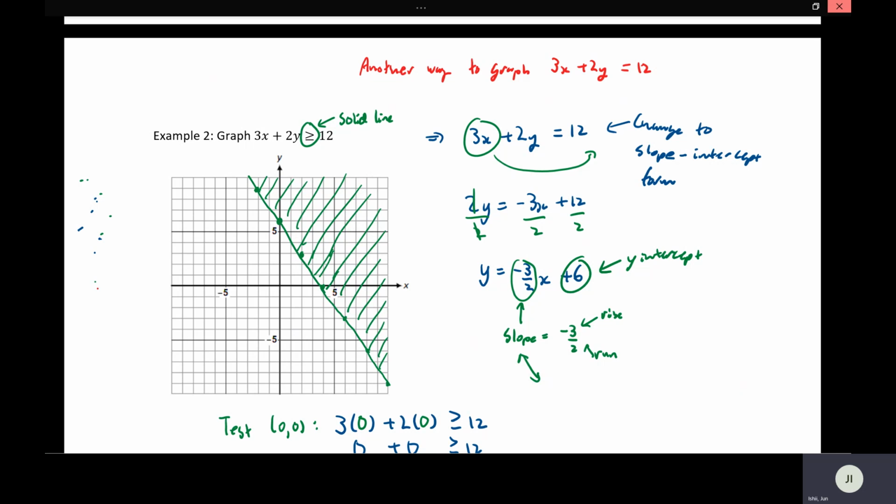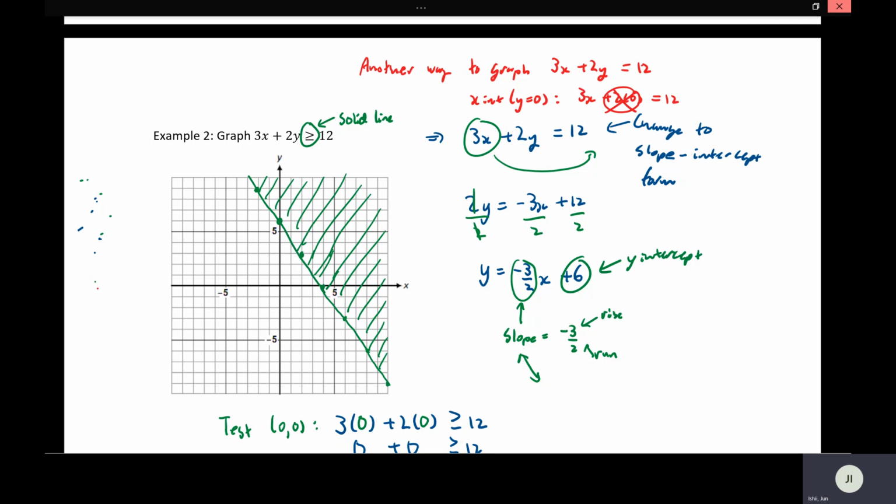All right. So the x-intercept, you would plug in 0 for y, right? So what you would end up with here is 3x plus 2 times 0 equals 12. Well, if I plug in 0 for y and solve for x, 2 times 0 is 0.